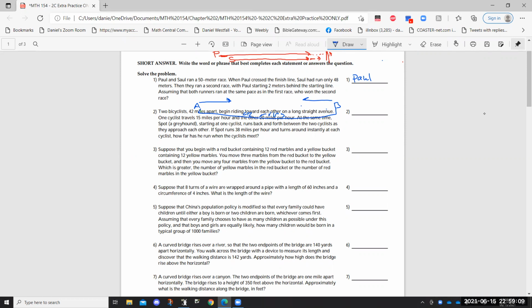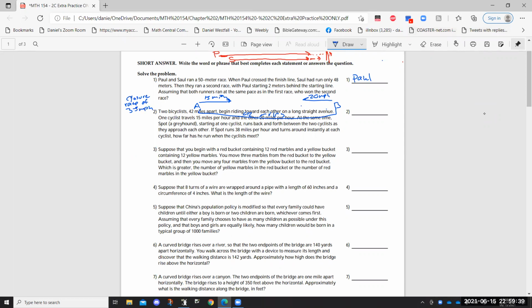And one cyclist is traveling at 15 miles per hour, and the other one is going at 20 miles per hour. So you know if they're coming towards one another, that's a closure rate of, and I would add these two numbers together, 35 miles per hour.